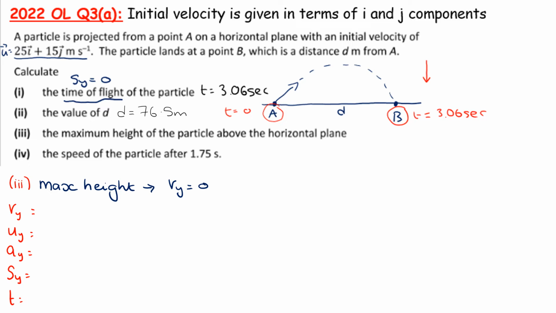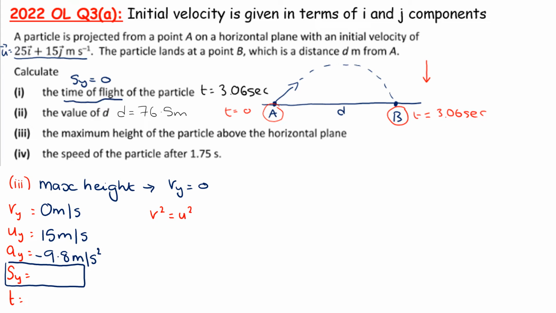So what do I know? Well, the initial velocity hasn't changed, so that's still 15 meters per second. I want to find when it stops very briefly in a vertical direction, so that's 0 as Vy. Our acceleration hasn't changed, that's minus 9.8 meters per second squared, and I'm looking for Sy. The formula I want doesn't have t, so it's going to be v squared equals u squared plus 2as.